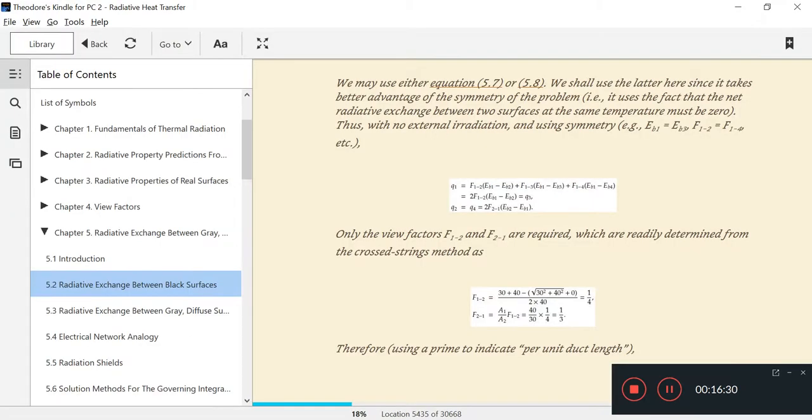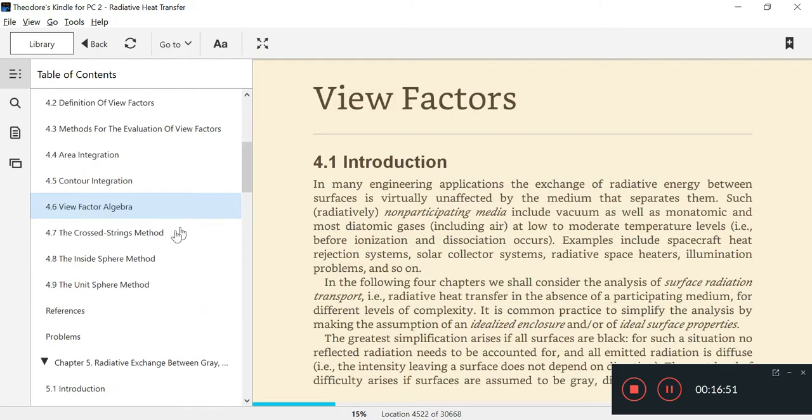So only view factors 1 to 2 and 2 to 1 are required. These are readily determined from the cross strings method. What is the cross strings method? You can check it out online. I'm not going to go through it. This is one of the very simple ways of determining view factors. Okay, they are over here.